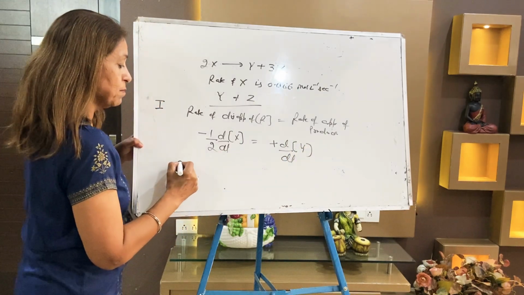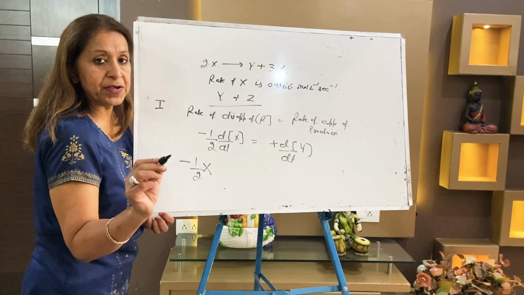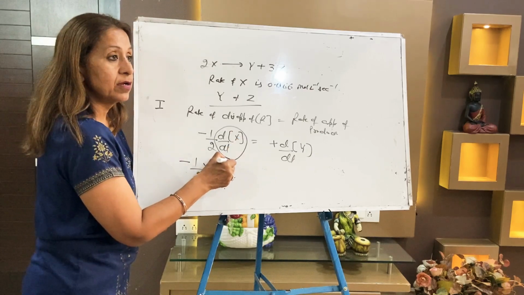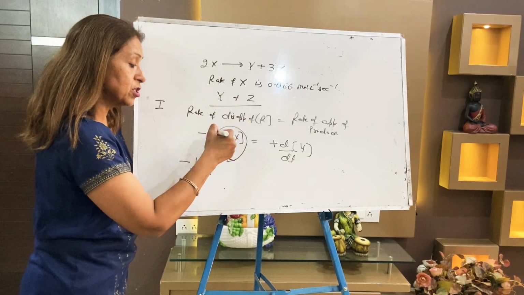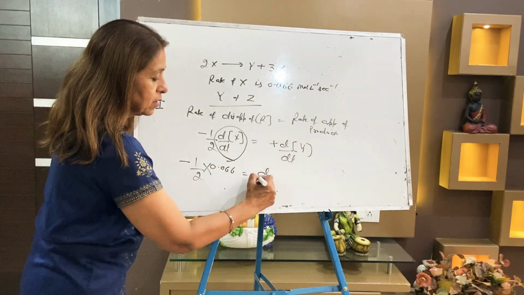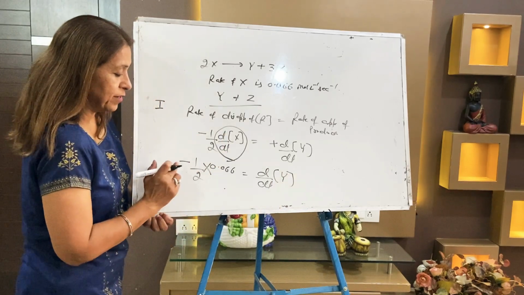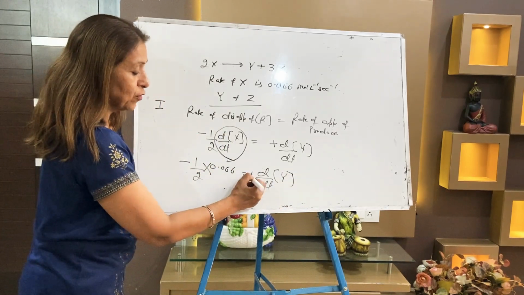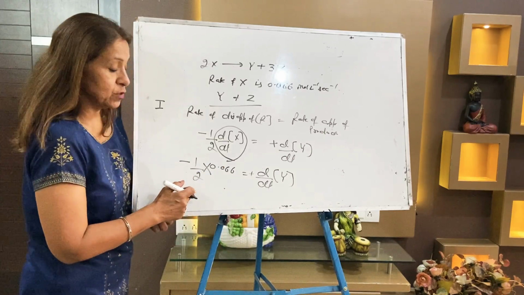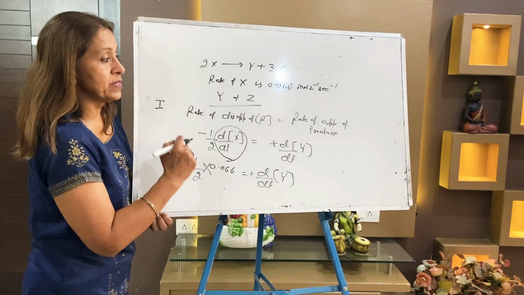Your rate is given, minus 1 by 2 multiplied by the complete rate. Rate means concentration by time, complete is given: 0.066. So the answer is d by dt of y. Never bother to write this minus and plus; you can write it and after that cancel it, minus for decrease and plus for increase. So your answer is 0.033 mole per liter per second.